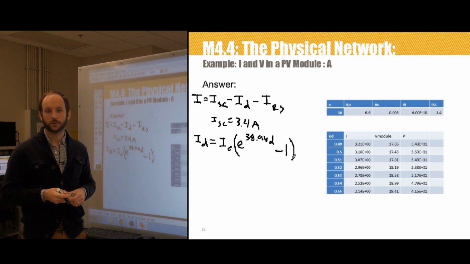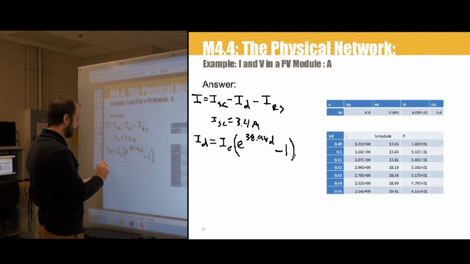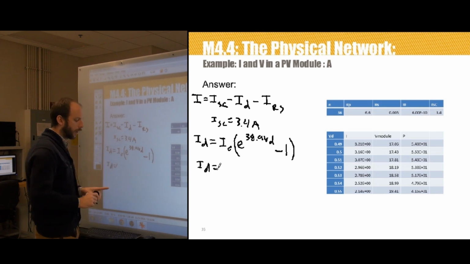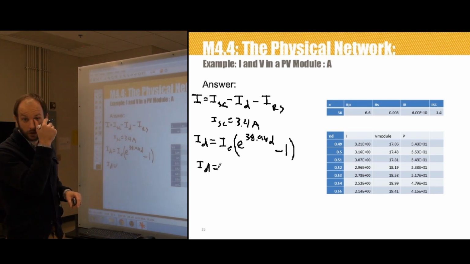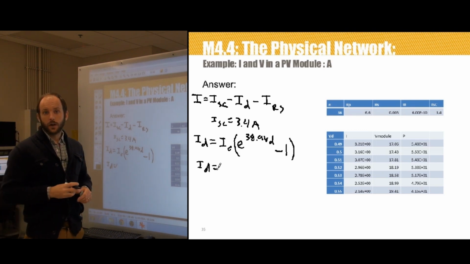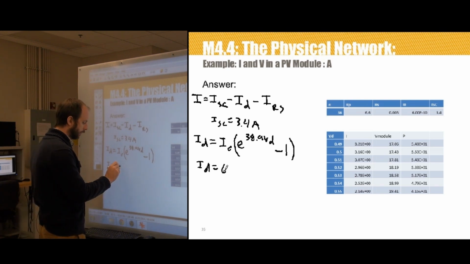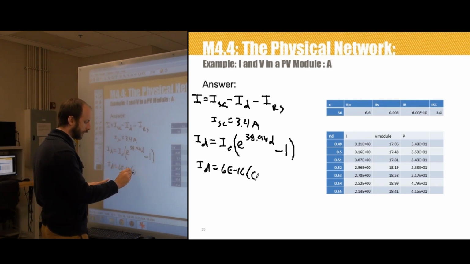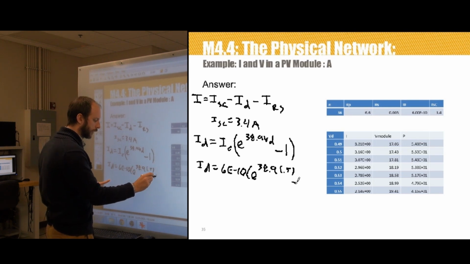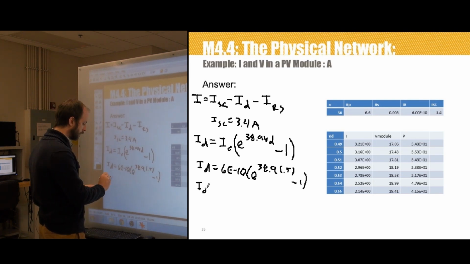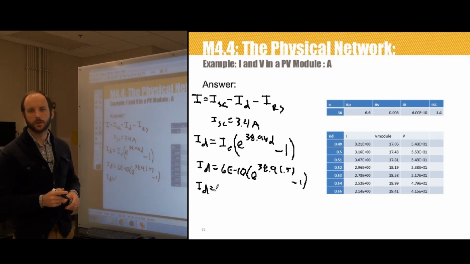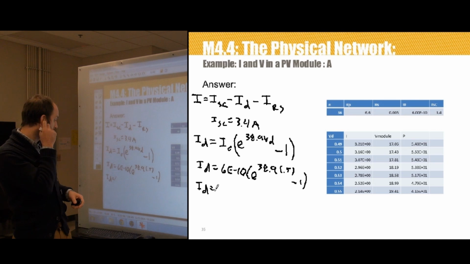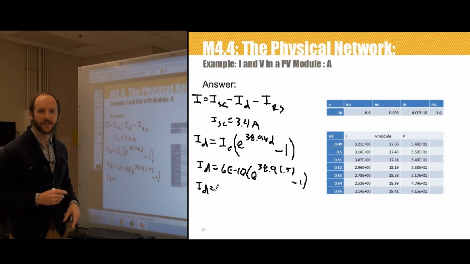In this calculation, it was half a volt, so ID is equal to I0, that was given as 6 times 10 to the minus 10 amps, multiplied by e to the 38.9 times 0.5 volts, minus 1. I didn't solve that one on my notes there, so I don't know what ID is equal to.